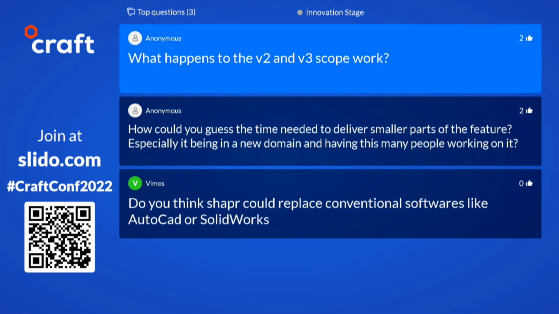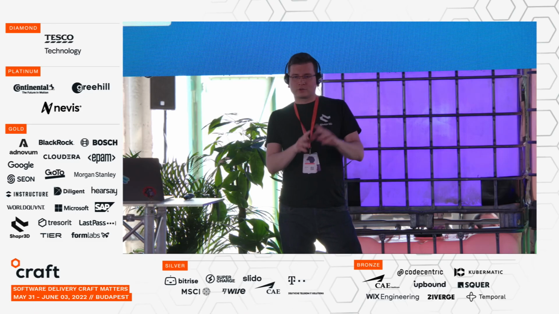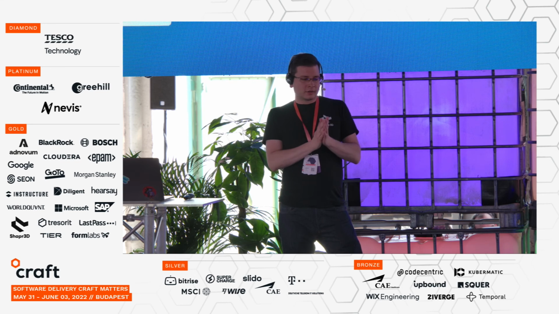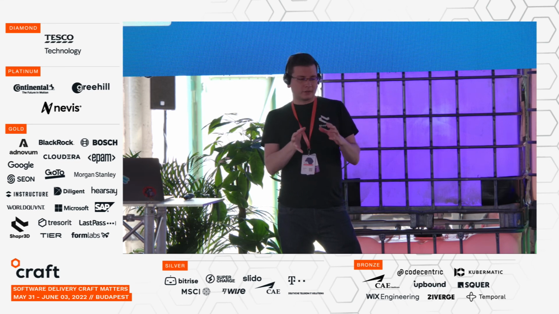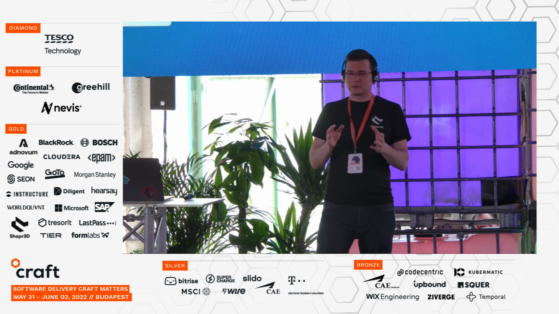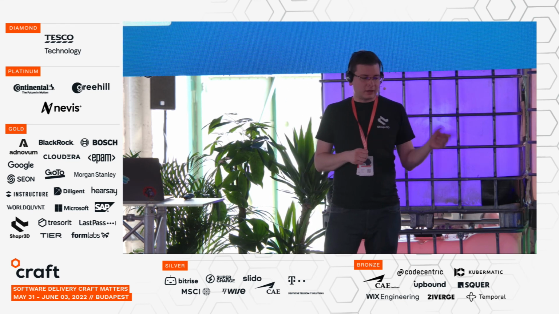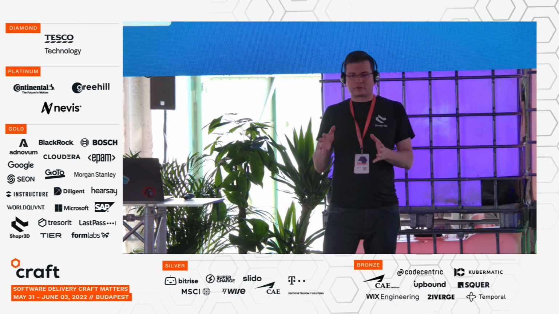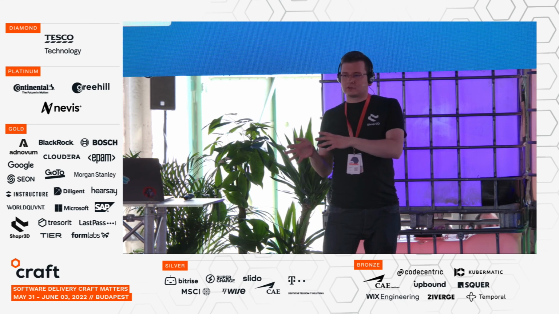We are working on it. So most of the things which I mentioned for V2, they are in progress. Some of them have been already released since March, and some of them will be released in the coming 2 to 3 months. And for the V3, most of those things will be released by the end of this year.